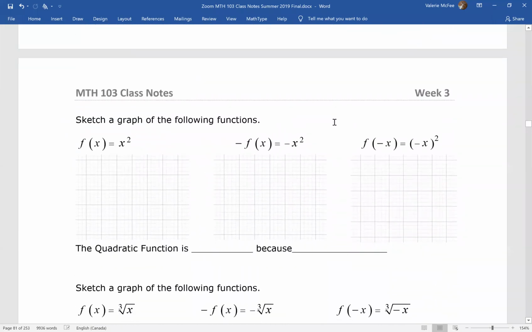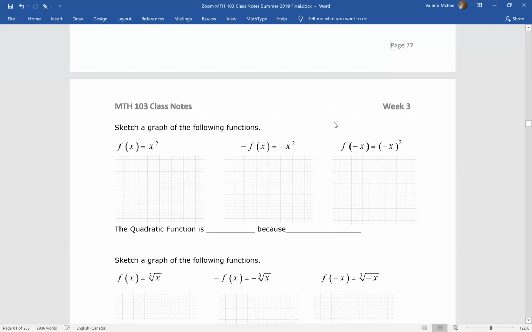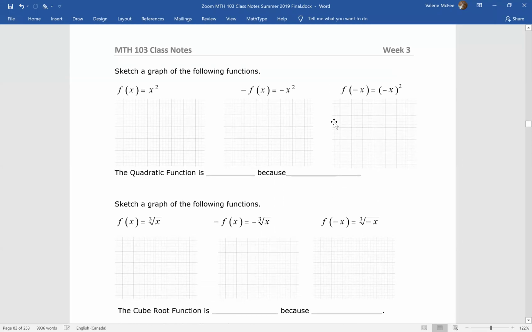Now I wanted to do a quick review of some of these properties using our reflections. Can you do a quick sketch of x squared, negative x squared, and negative x all squared?